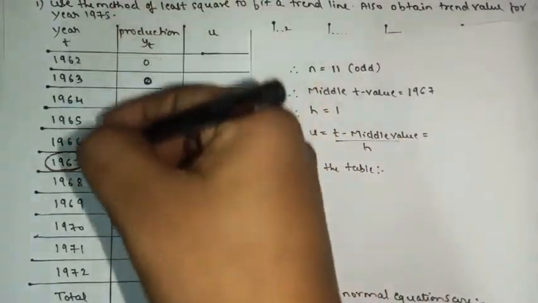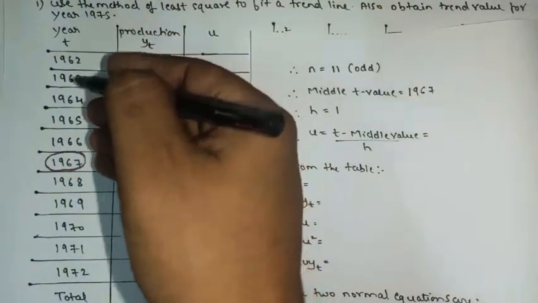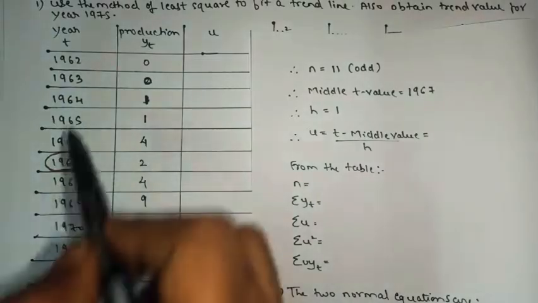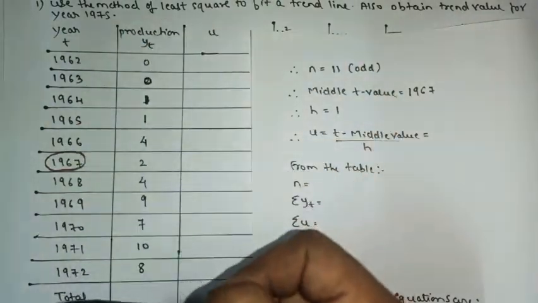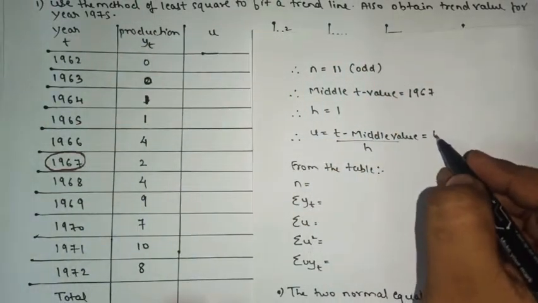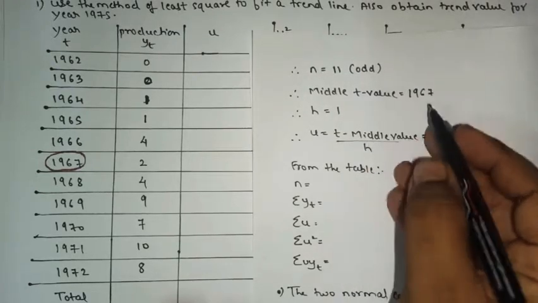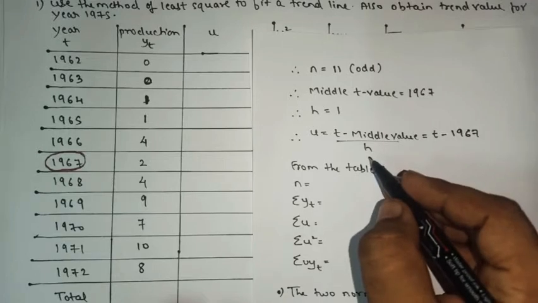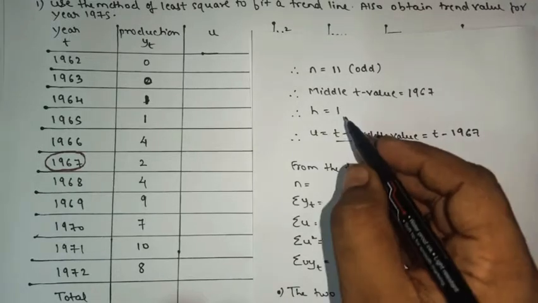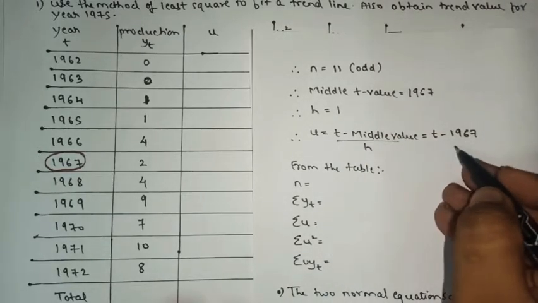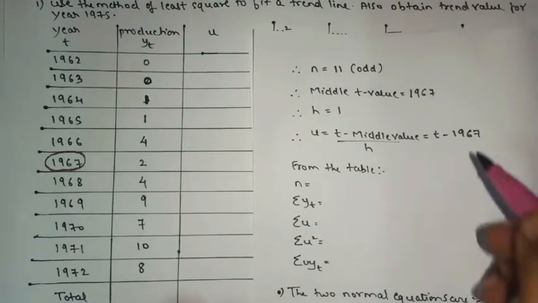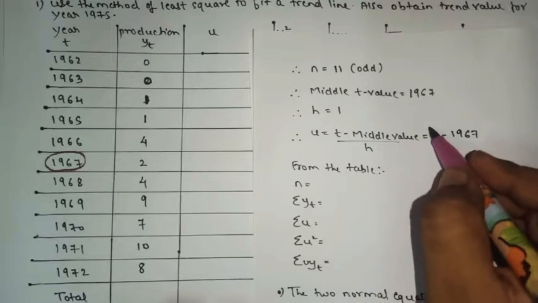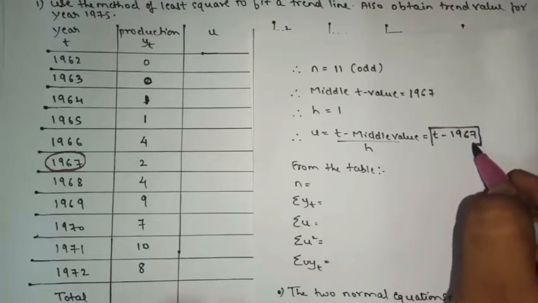We have t, 1962 onwards, 11 numbers. Yes or no? So we'll keep this t as it is for a while. Middle value is 1967. And what is h? h is 1. So you will get (t minus 1967) upon 1 only. So that means you will get t minus 1967 only.